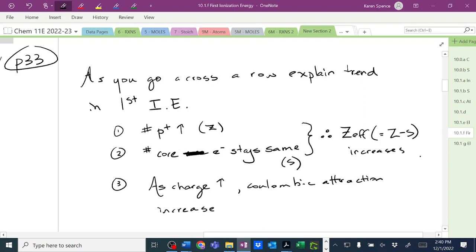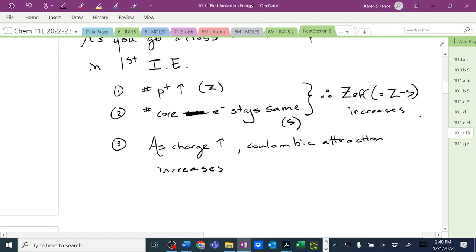And I would be very, very tempted to write Coulomb's law here, because otherwise you have to start talking numerator and denominator. So it would be just easier to write F equals kQ over r squared, right? Because then you don't have to write a whole bunch of blah blah, and that just takes half a second. Coulombic attraction increases.